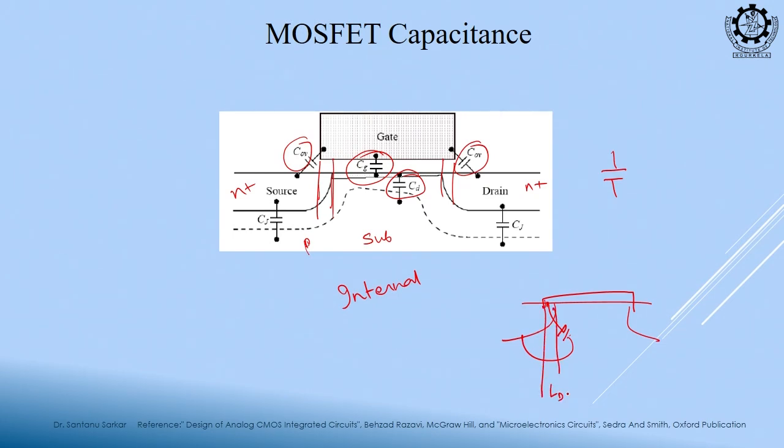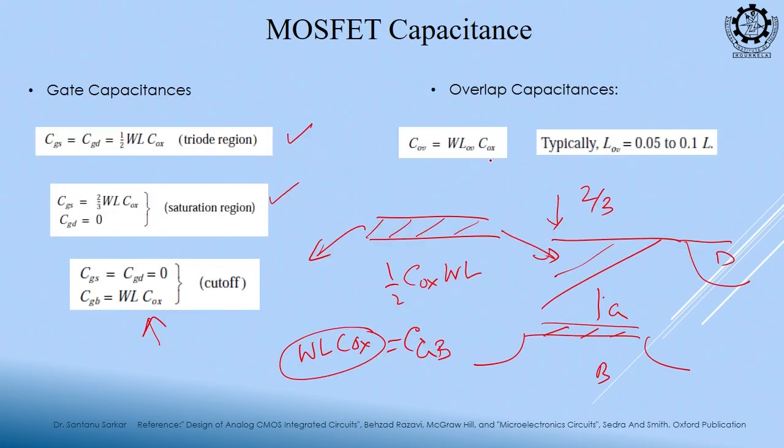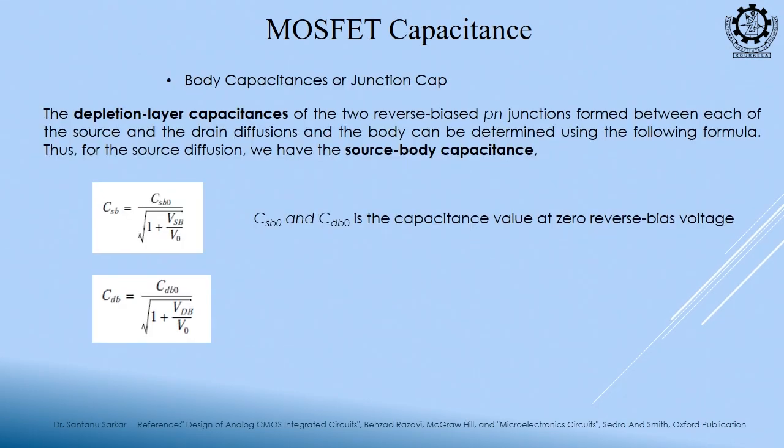Because LD is very small compared to L. So, this overlap capacitance will also be very small, but still it will be there. So, overlap capacitance is W into L overlap into COX. Typically L overlap is very small. So, you have to add COV to CGS, and add COV to CGD.